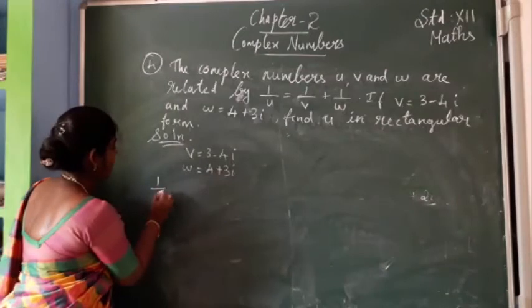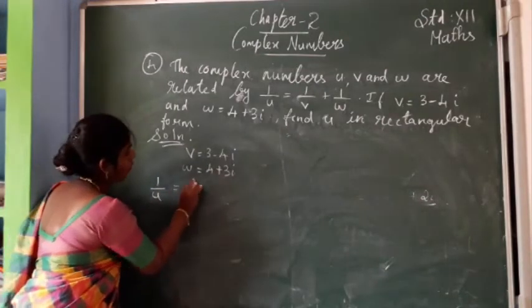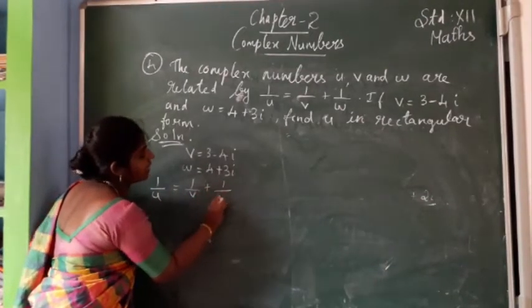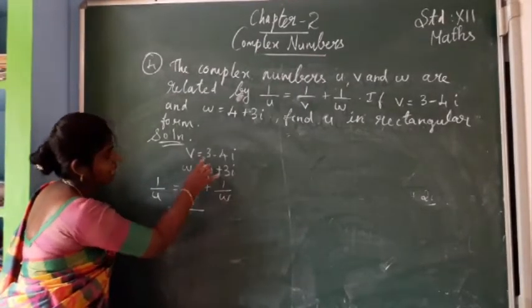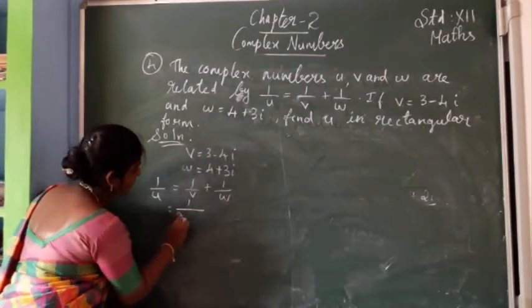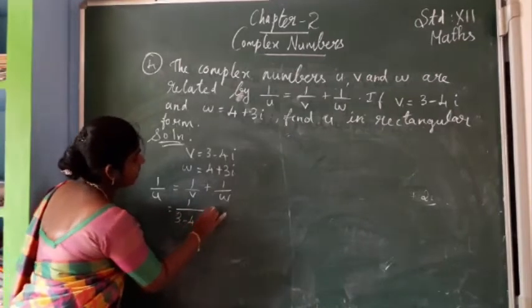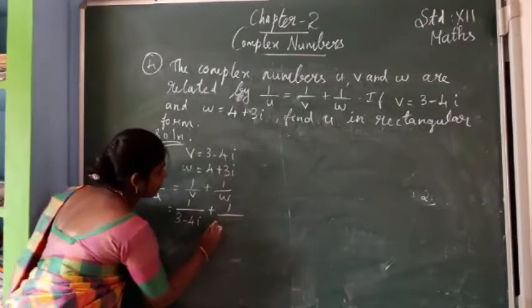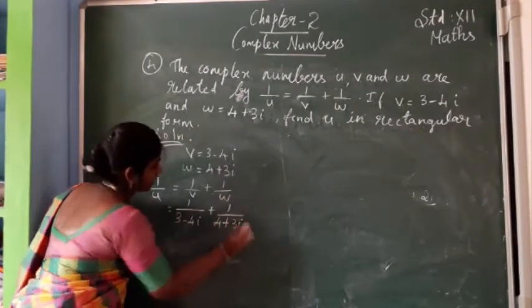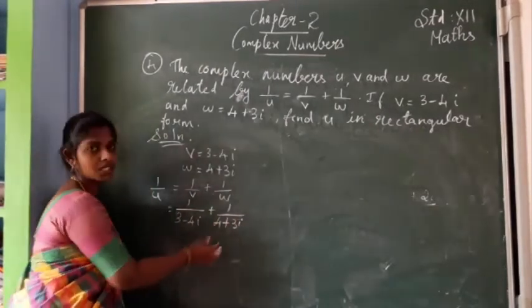So 1/u = 1/v + 1/w. That's equal to 1/v, the value is 3 − 4i, plus 1/w, the value is 4 + 3i. So you have to take the conjugate for each term.